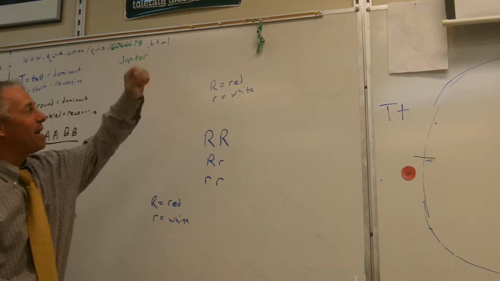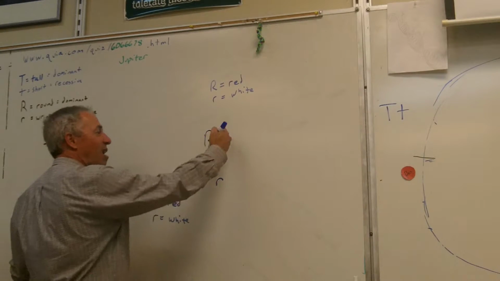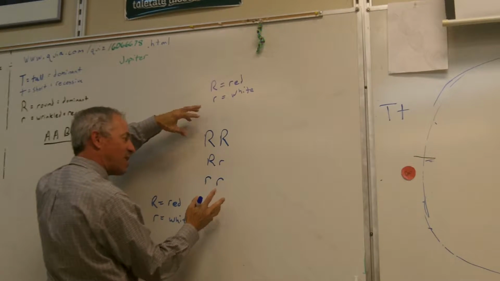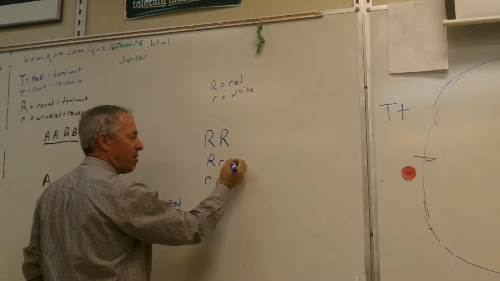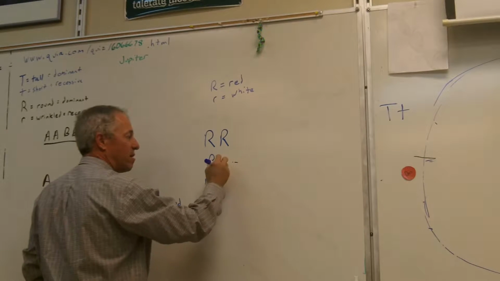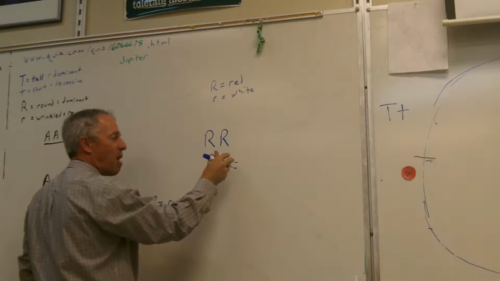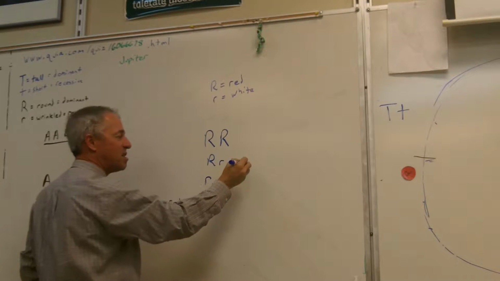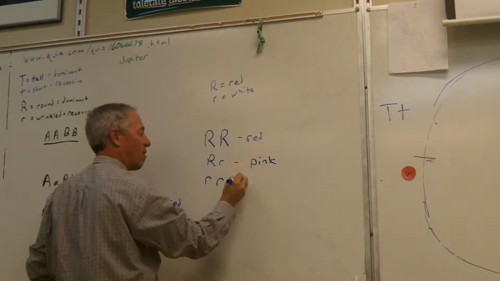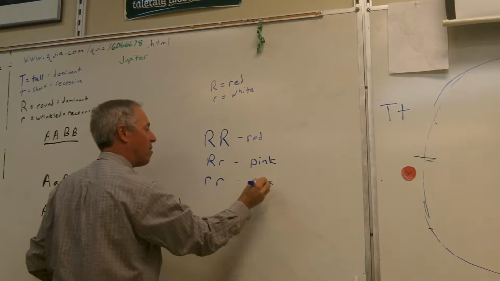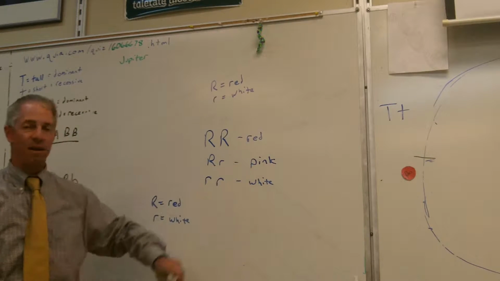We call that incomplete dominance. That's almost like blending theory, where the colors blend together in the heterozygote. So sometimes this could be red and white spotted in some species, but in other species it's pink. So the heterozygote is pink.